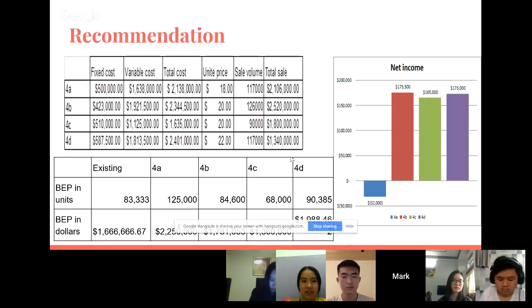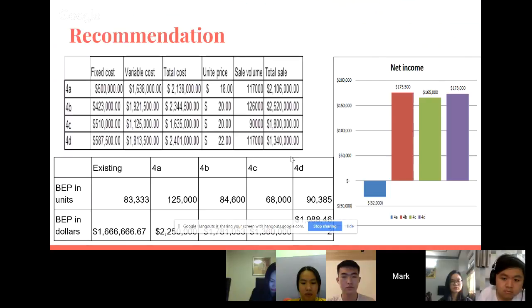And also our unit price is average, which is $20. What this company does is reduce the variable costs and increase the fixed cost by only 10,000. This 10,000 was overhead cost, and for the variable cost, they made a big reduction on direct labor and direct material.